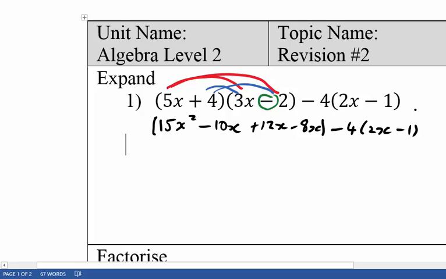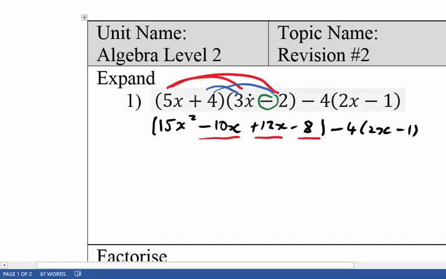Right, now I can do a bit of simplifying. So I can look at this and I can say, okay, that is a negative 10x, that's a positive 12x, that is a negative 8x, and actually I have done something wrong. That there should not be a negative 8x. If I go right back here, look at that, 4 times negative 2, it should be just negative 8.